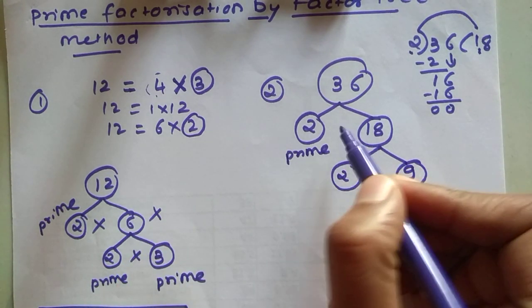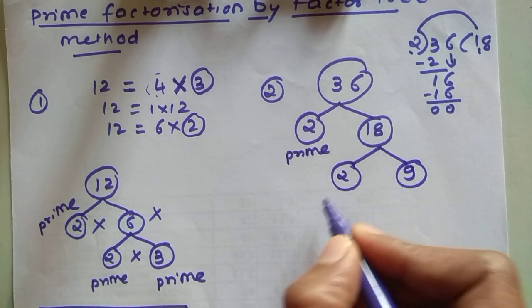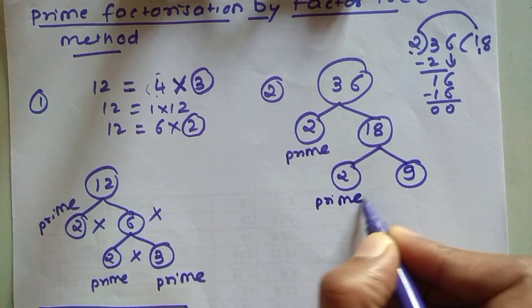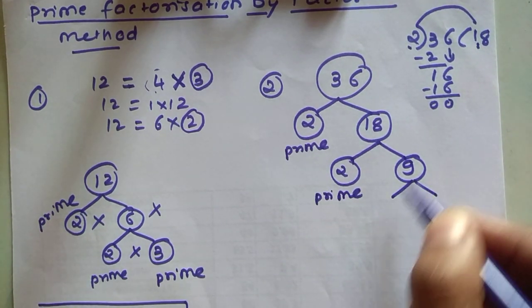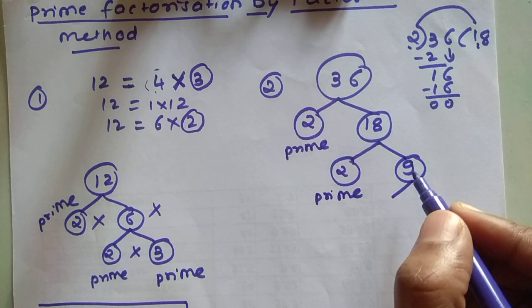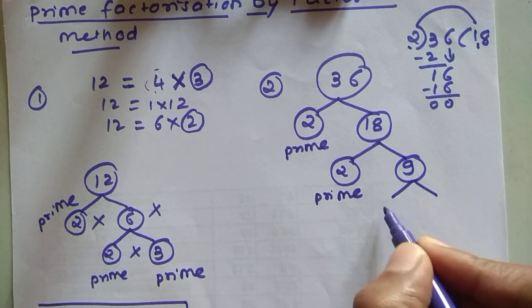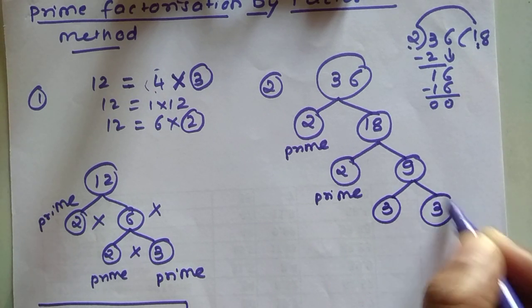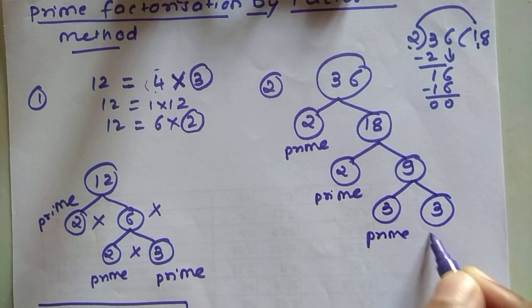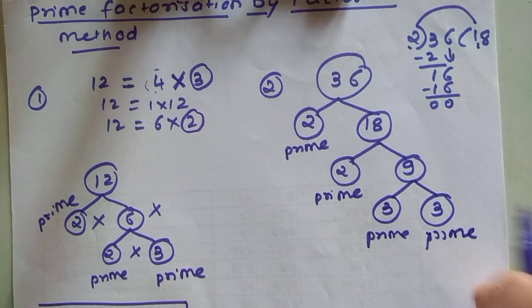As we got a prime number here, we'll stop, but here we will continue. 9 is not divisible by 2, but it is divisible by 3. 3 threes are 9. Now here also you got a prime, here also a prime number. Now we have to stop.